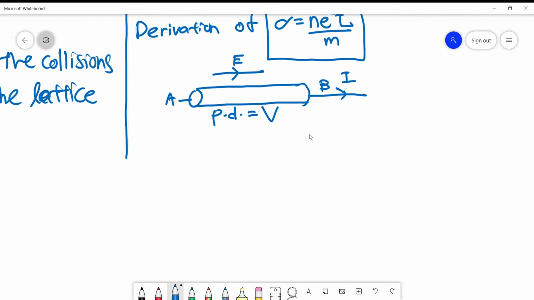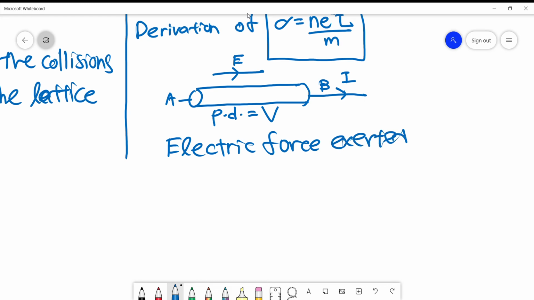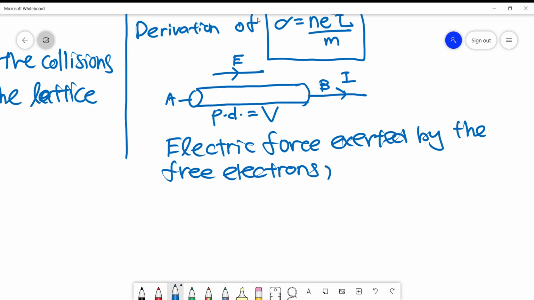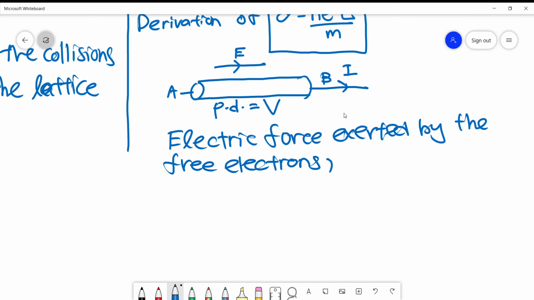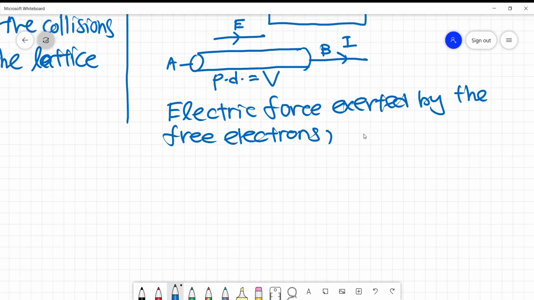So first and foremost, what we have here is the electric force exerted on the free electrons due to the electric field that accelerates the free electrons.